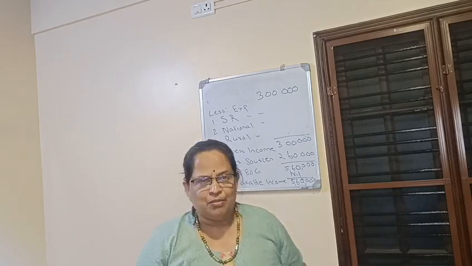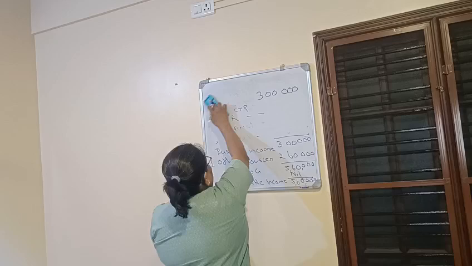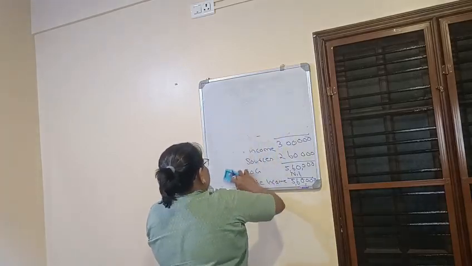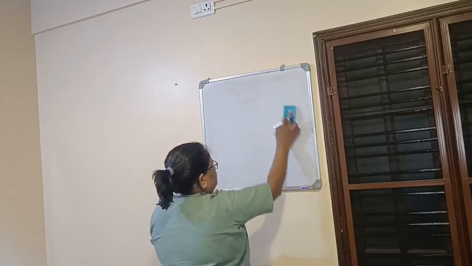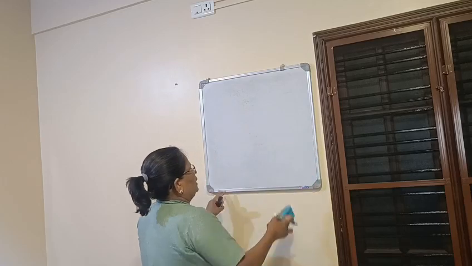Now we will do another problem, problem 2. The gross total income of Mrs. A amounted to 6 lakhs for the previous year ending 31/3/25.